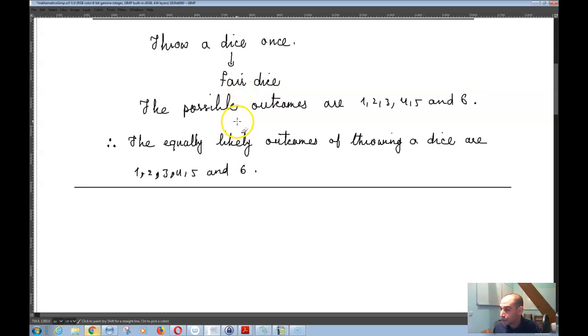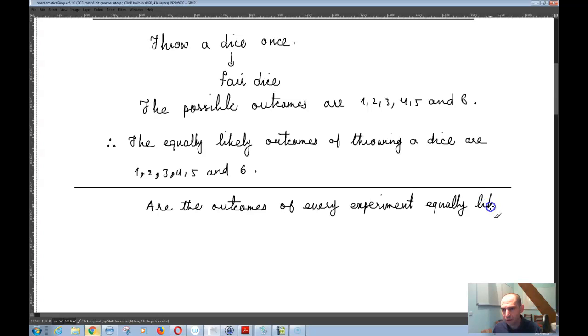Now, the question is, are the outcomes of every experiment equally likely? Let's see what that means.